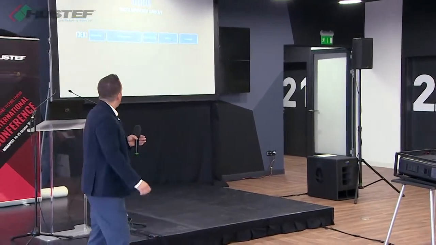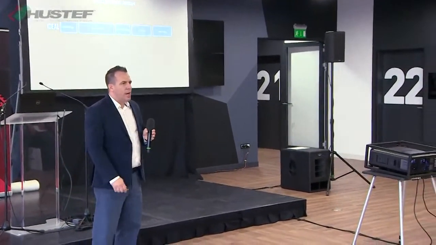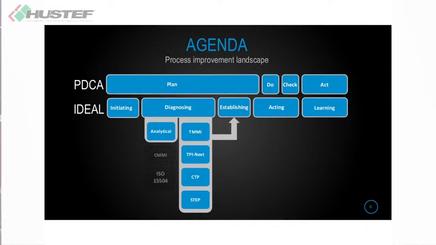And we have IDEAL. I think this is slightly more detailed and probably better than PDCA. So I would recommend you study this too, because it will help you become a real professional improver, a change manager.